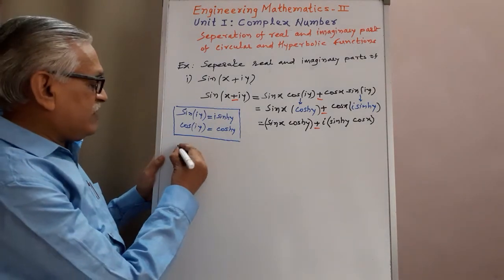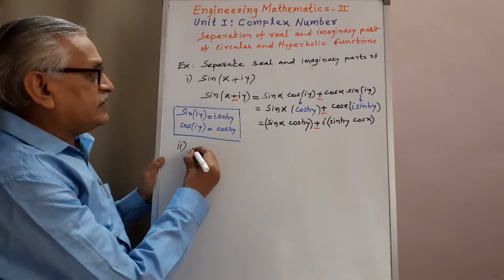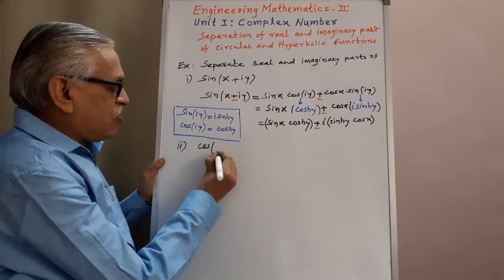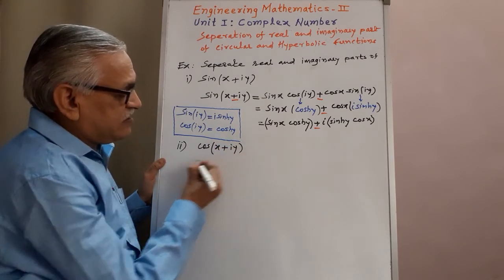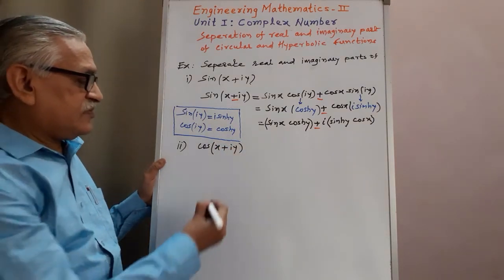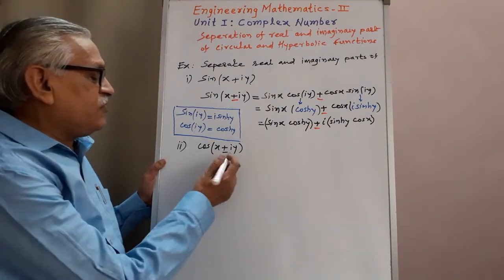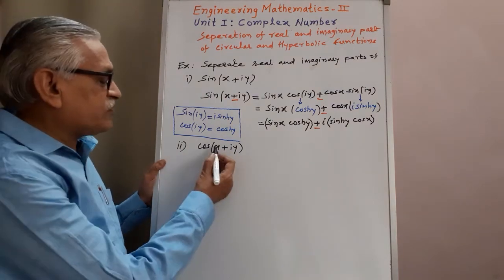Second example, separate into real and imaginary parts of cos of x plus iy or cos of x minus iy. First of all we consider x plus iy, cos of a plus b.